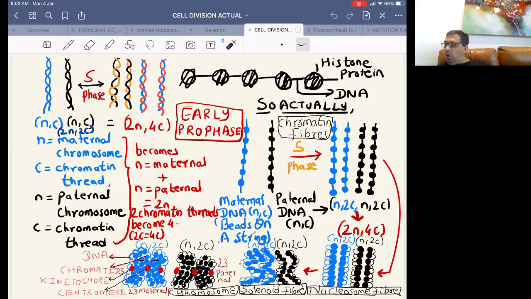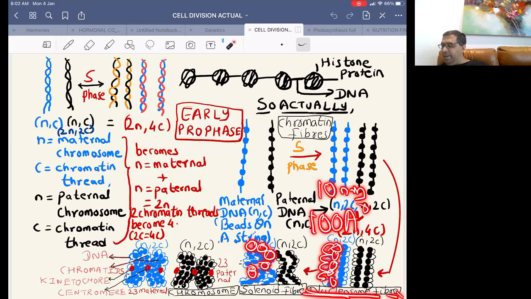So how much was the nucleosome fiber? Nucleosome fiber was 100 angstroms or 10 nanometers. And how much is the telephone wire like condensed structure? Solenoid fiber is 300 angstroms or 30 nanometer.